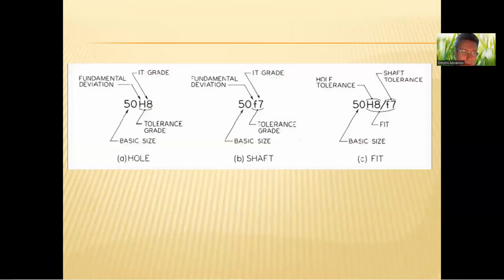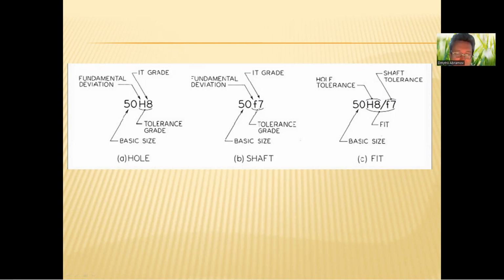And now you can see the dimensions of the whole shaft and of the fit. 50, its basic size or its nominal diameter of the hole. Why hole? Because you can see big H. Big letter, it's always for hole.